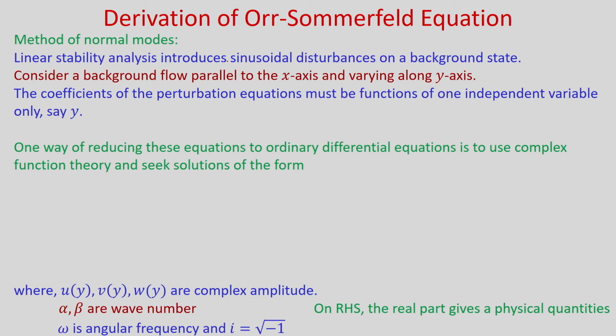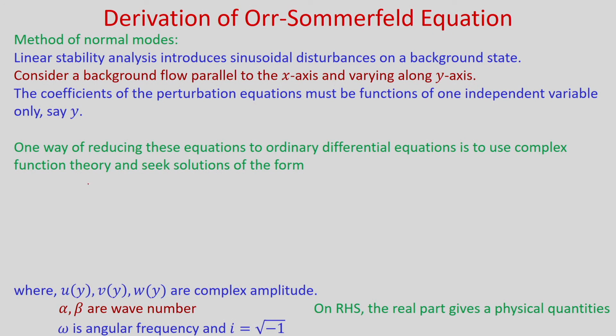These disturbances are assumed to be travelling waves and hence periodic in the flow direction and time. So, we are considering a background flow parallel to the x axis and varying along y axis. The coefficients of the perturbation equations must be functions of one independent variable only and let us say that is y.